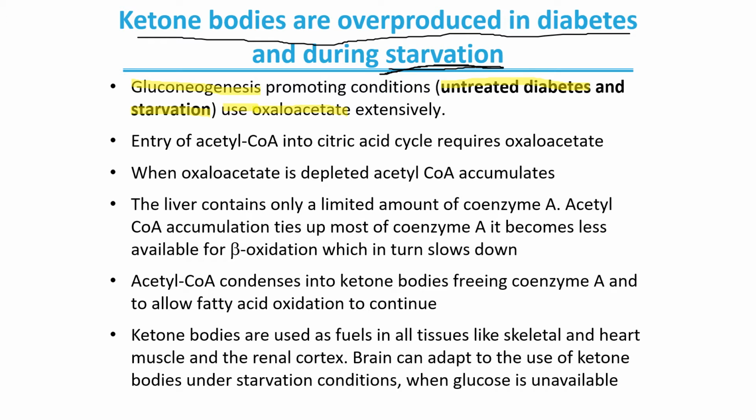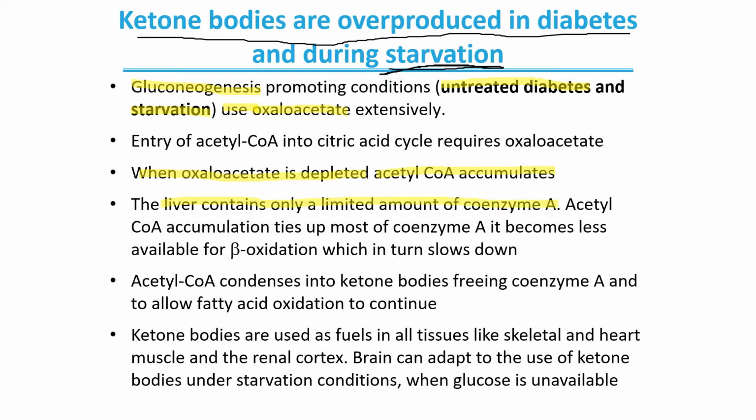When oxaloacetate becomes depleted, acetyl-CoA will start to accumulate, because acetyl-CoA requires oxaloacetate to start the citric acid cycle. But the liver only has limited amounts of coenzyme A.